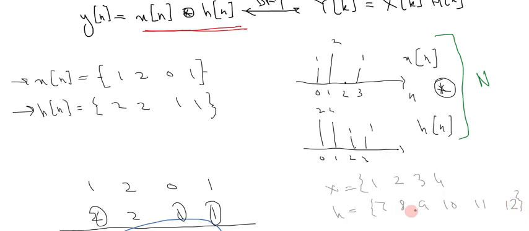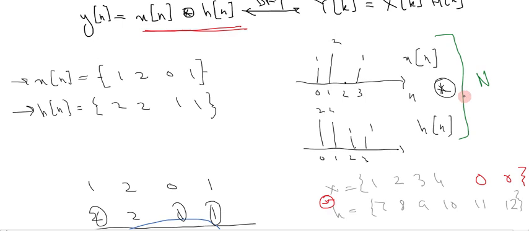So in order to perform 6-point circular convolution, you have to insert 2 zeros in X to make both signals equal. When you zero pad X, you can perform circular convolution to get the answer.